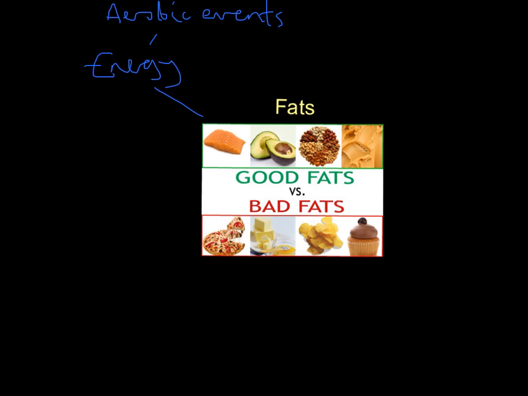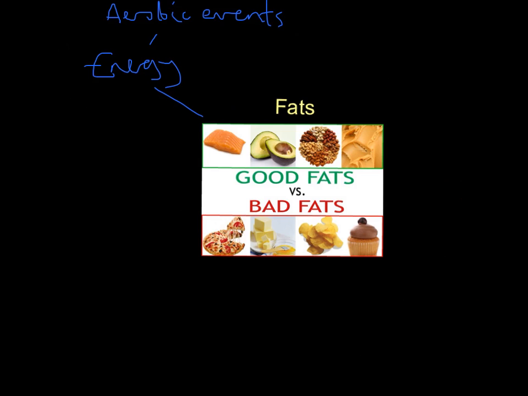You might hear this term that carbs is your primary energy source and fats is your secondary energy source. That doesn't mean that we use carbs first and fats second, although it does sound like that. We can only burn fats when we're working aerobically. So when we're doing lots of walking, jogging, low intensity cycling and swimming, we're going to be burning a decent amount of fat.